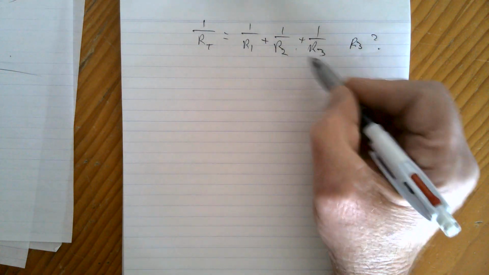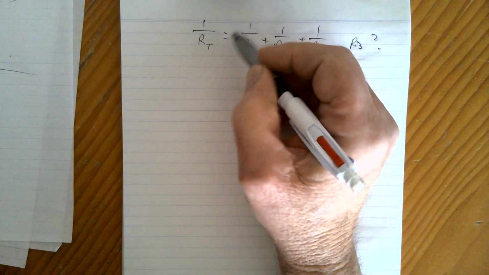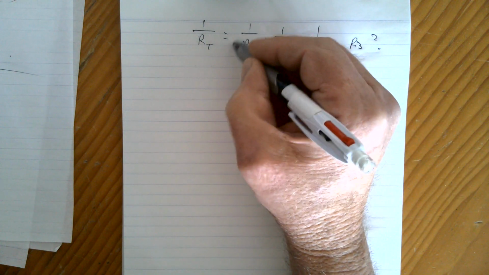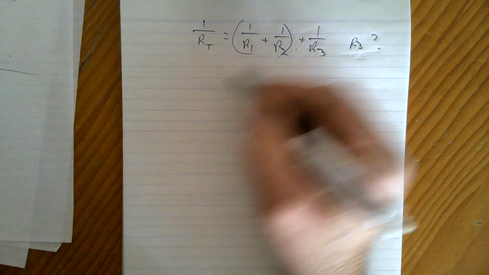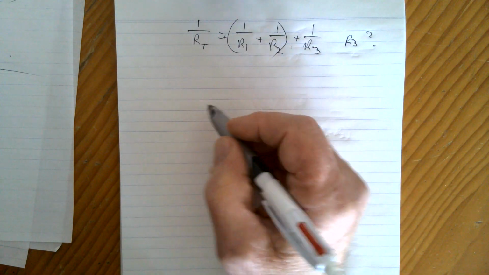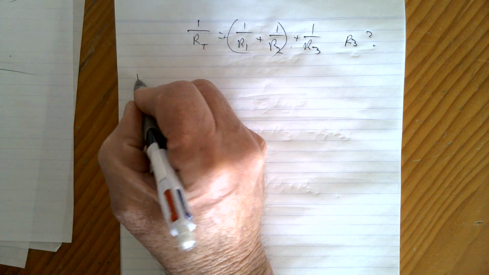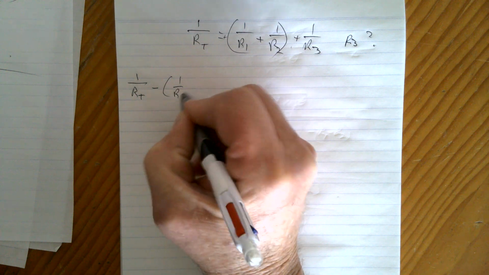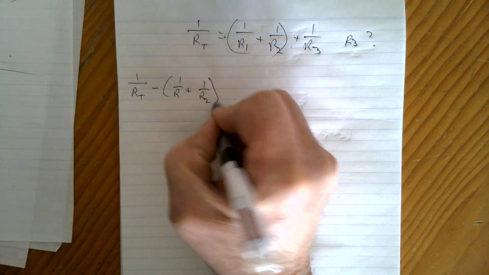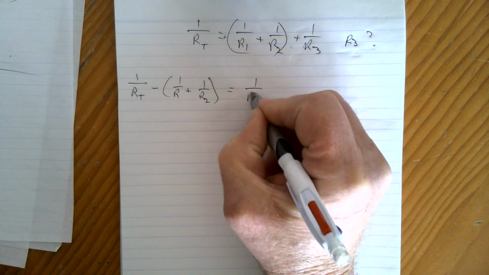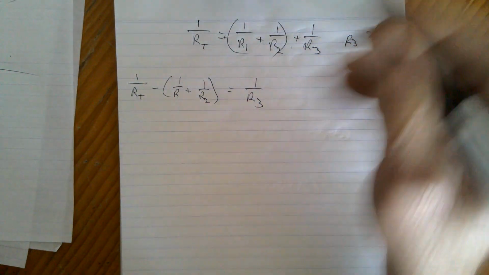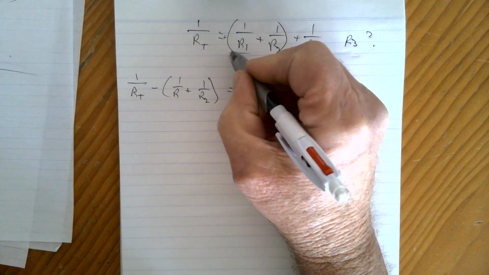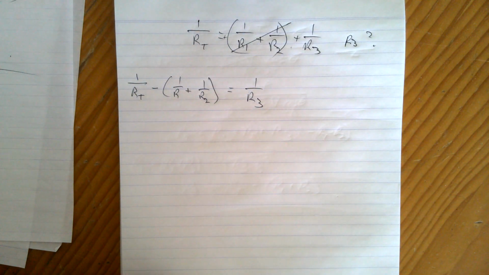We want R3 to be by itself at one stage to be the subject. So we want to get rid of that lot there, and we subtract that from both sides of the equation. So 1 over RT minus (1 over R1 plus 1 over R2) is equal to 1 over R3, because we've minused it from this side of the equation, so it's cancelled out.